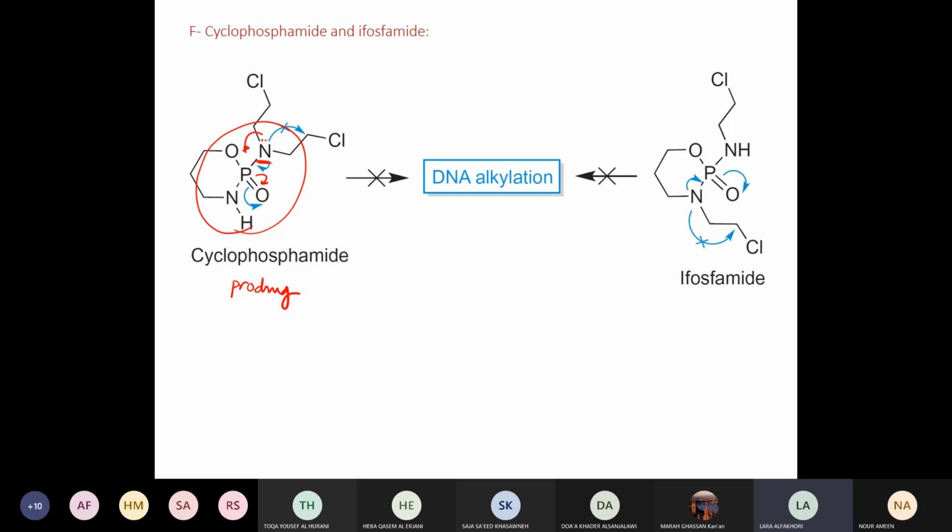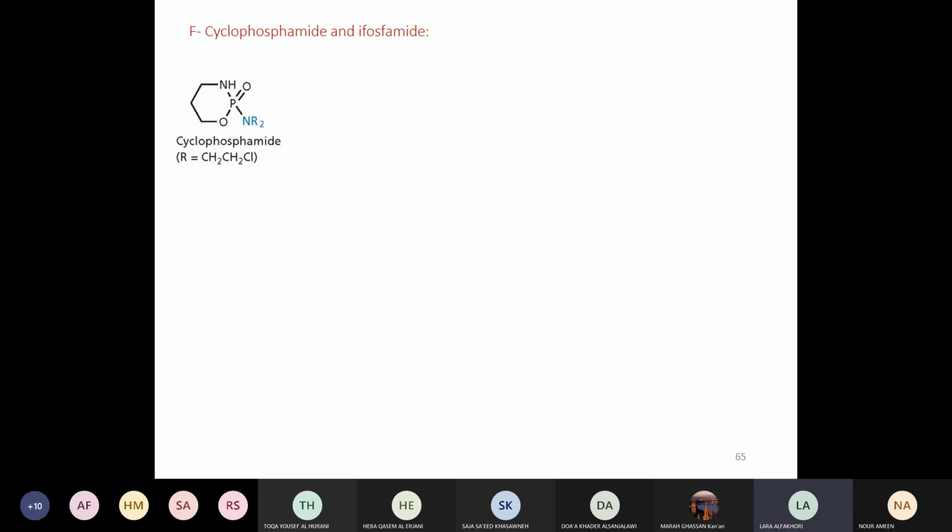Still, these drugs experimentally and in vivo showed cytotoxic activity, but not through hydrolysis of those phosphoramides. They undergo bioactivation, but not as expected. The bioactivation happens via oxidation, alpha oxidation of this nitrogen in here.